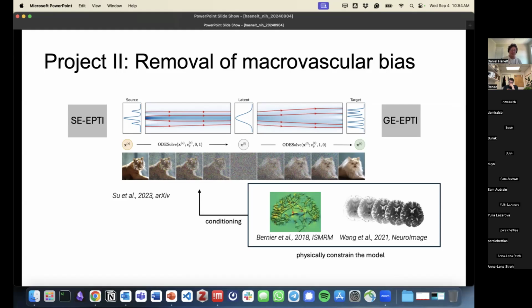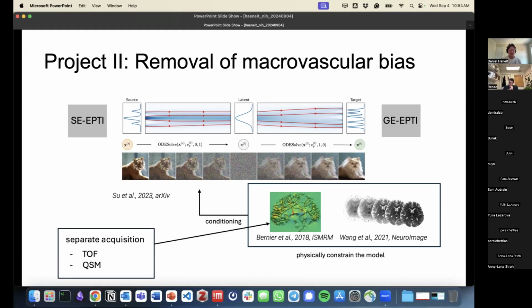I don't want to get into much detail, because I've only just started the project, but the main idea is to also acquire, next to spin echo and gradient echo BOLD data, some anatomical metrics: high resolution time of flight and QSM data. From QSM we would compute venous oxygen saturation, and from the time of flight we would segment mesoscopic arteries and veins.